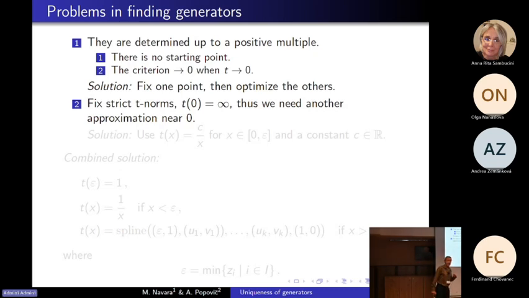The next problem is that the value at 0 for strict generators must be infinity. Of course, it is not subject to linear approximation and spline interpolation and such standard methods. So you need to use something else. The choice is to use some other function which goes to infinity, say the reciprocal function, in some small neighborhood of 0 instead, and then continue with the usual interpolation.